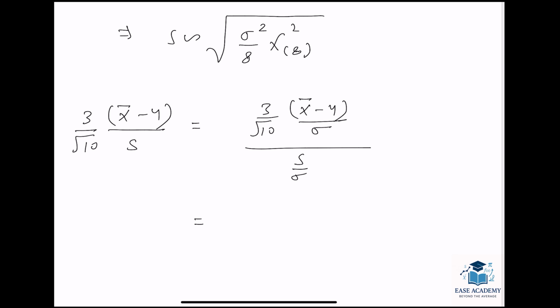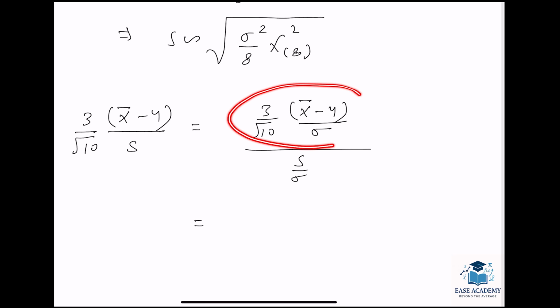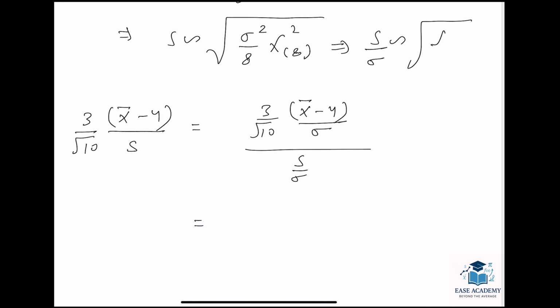We know that the numerator random variable follows normal 0, 1, and S by sigma follows the root of chi square 8 upon 8.